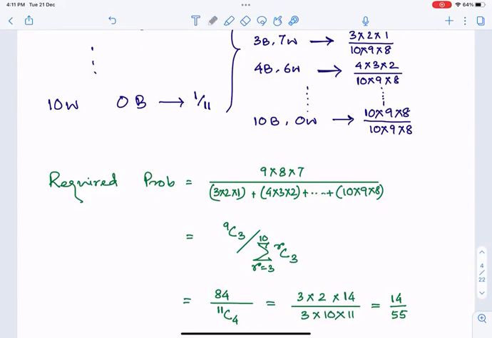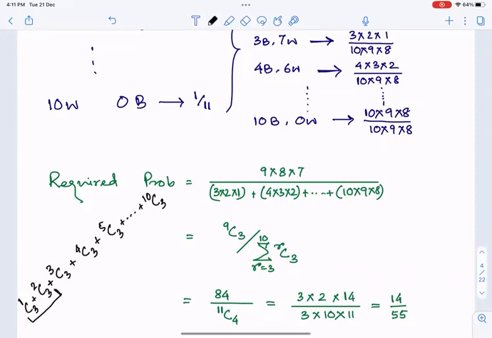So that means when you have this sum starting from 3C3 plus 4C3 plus 5C3 and so on up to 10C3, you can simply add 2C3 plus 1C3, or even 0C3.